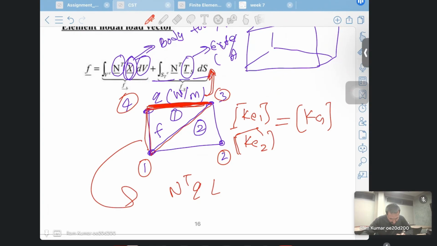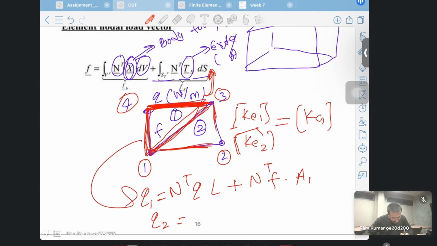This is flux 1. Plus for this one, N transpose F into the area of the triangle, area 1. So this will be for this one Q1. Similarly for this element Q2, but we don't have anything here, and here also we don't have anything. So this will be only N transpose F into A2.